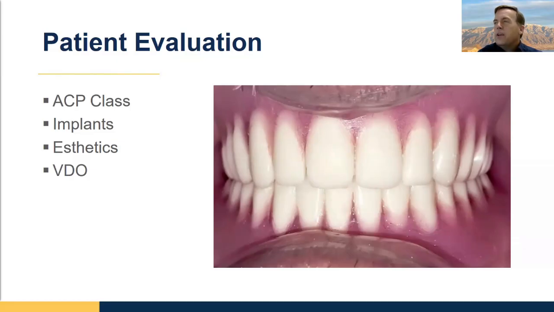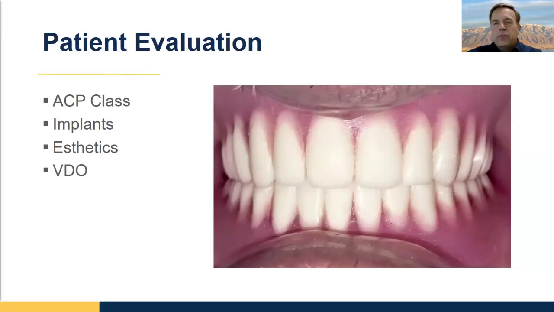Again, to summarize what we talked about last time, class 1 are the most straightforward denture patients, and class 4 are the ones that are extraordinarily difficult. 81% of patients fall into class 1, and class 1 cases in general can be effectively treated at a general practice. So as you're categorizing your patients, most of the time your class 1 patients are going to be ones that you can feel comfortable treating and that you'll get a good result on.